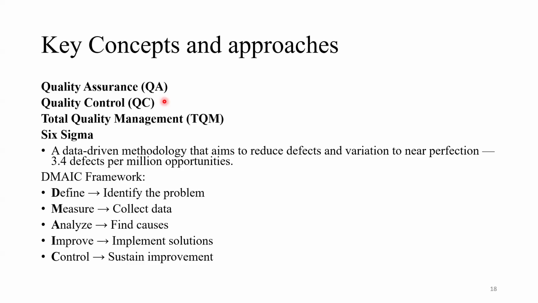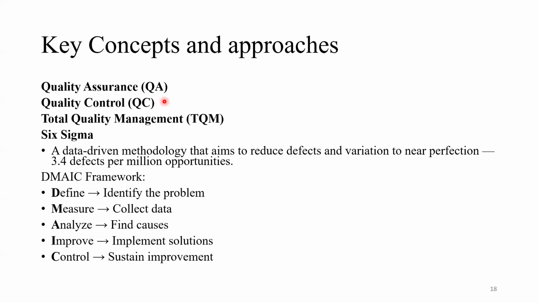A hospital always uses Six Sigma. It is not only for the product industry, it is also for the service industry. They define the problem, like long waiting times whenever you want to register or visit the doctor.